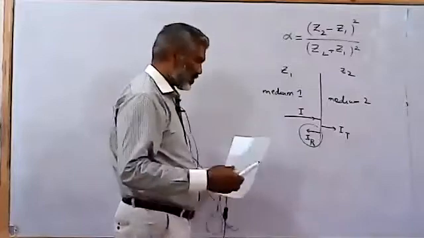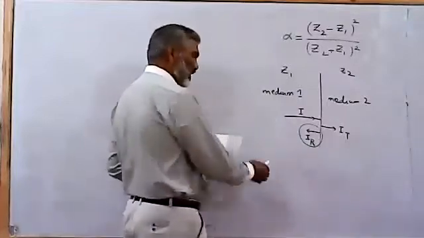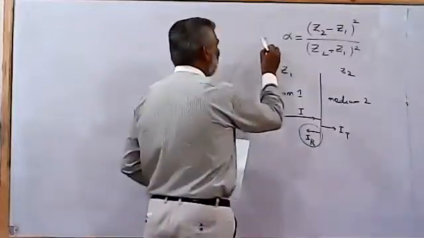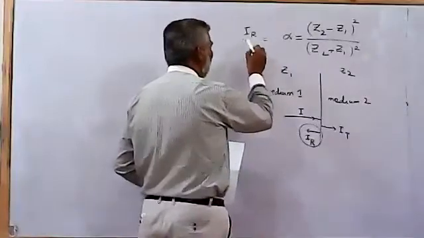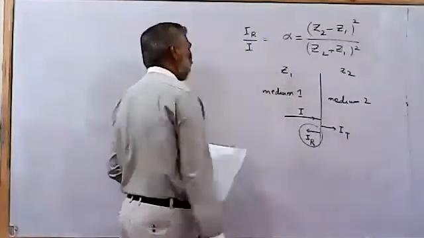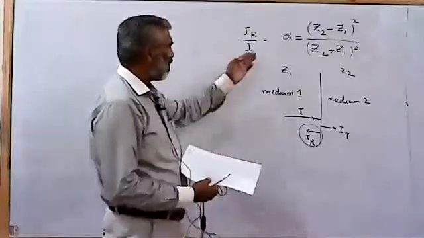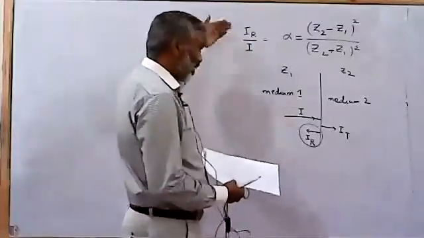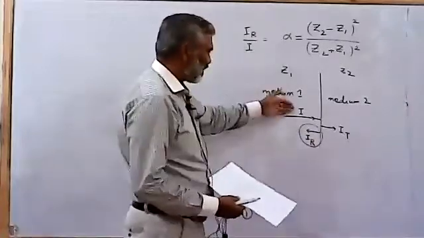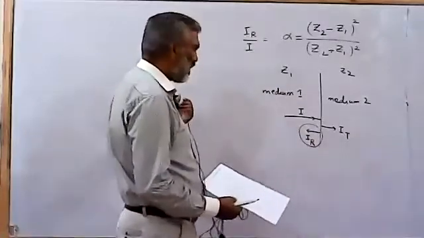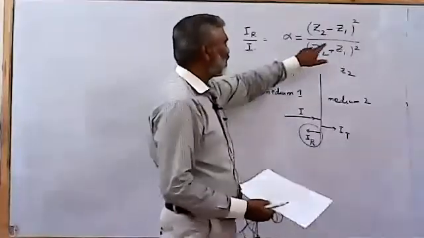Alpha will be large. That means reflected intensity, as I told you, alpha is basically IR over I, will be very large. The fraction of the incident intensity which comes back into the same medium will be very large if this difference is large.